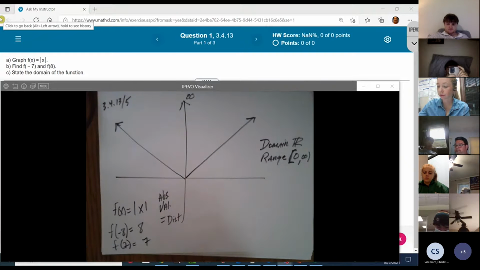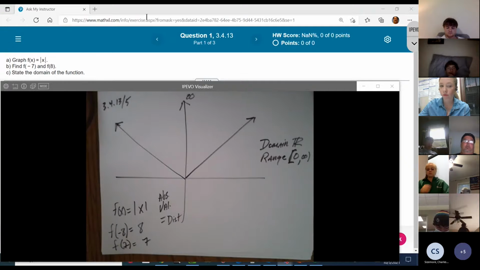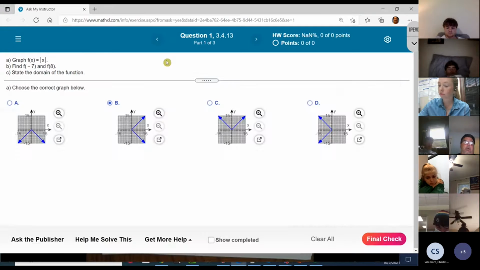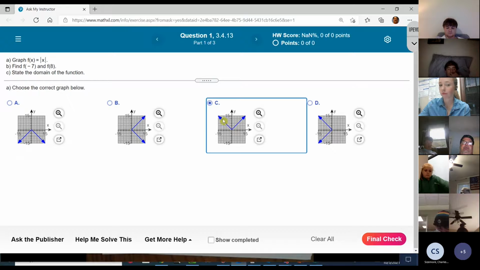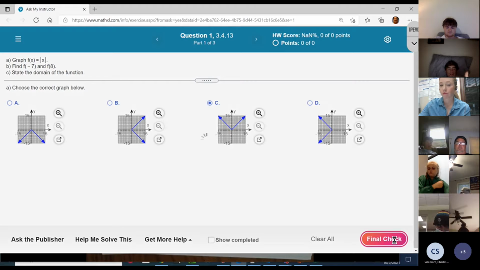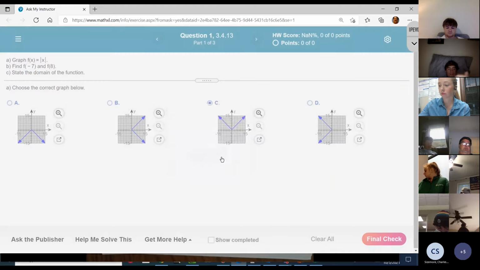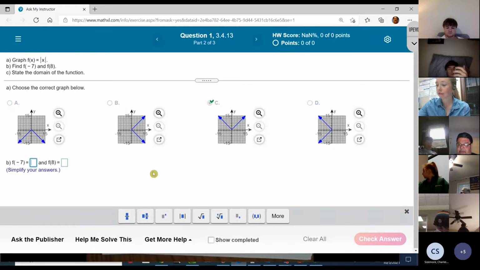So that's your answers. So it's not this one. It's not this one. It's not this one. So the only answer it could be is C. And -7 is 7. And 8 is 8.